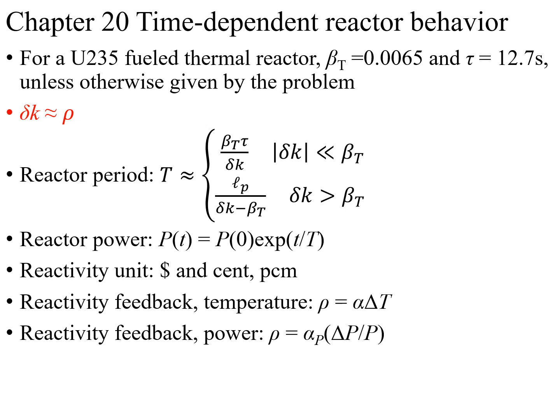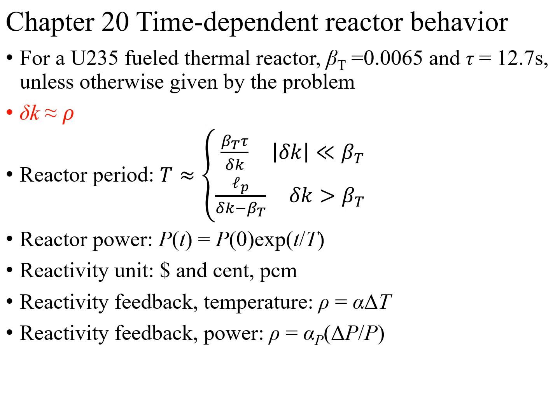First, we start from chapter 20, time-dependent reactor behavior. In this chapter, we have some important concepts. The first one is beta total, the total delayed neutron fraction.